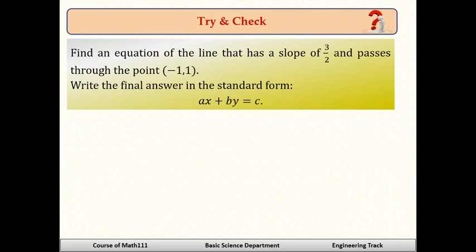Now find the equation of the line that has a slope 3 over 2 and passes through minus 1, 1, and write the answer in standard form. Slope is 3 over 2, and the point on the line is minus 1, 1. This is x1, y1, a point on the line.